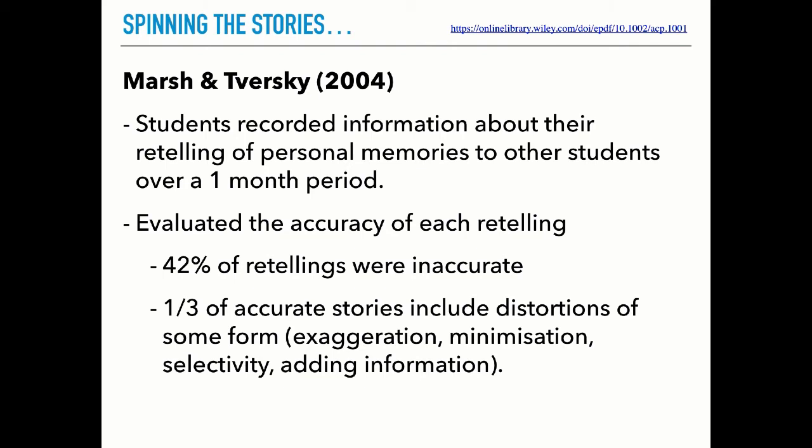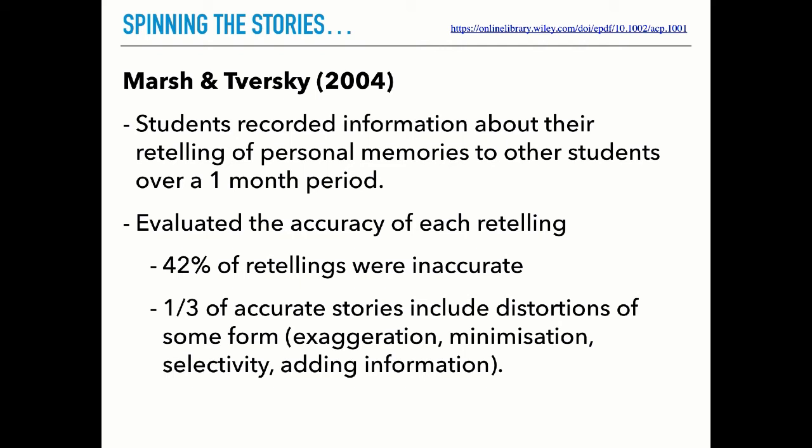And they found that 42% of these retellings were evaluated as being inaccurate. And even the ones that they rated or perceived as being accurate still seem to include some form of distortion. So a lot of the distortions or the inaccuracies can be categorized as being exaggerations that you might make.